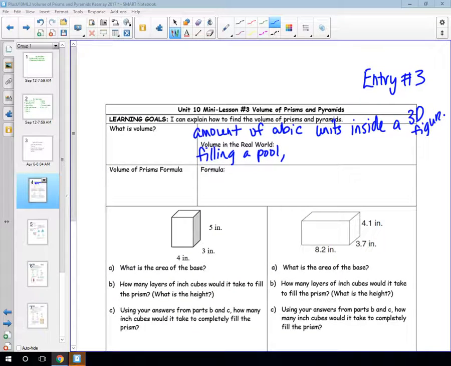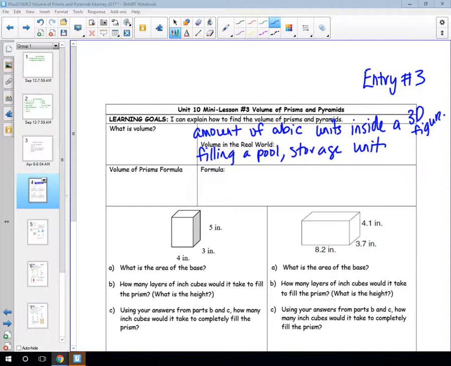A few years ago, I had to move, and so I had to get a trailer that I could pull behind, or rent a U-Haul or whatever, that could hold all of my stuff. So I needed to know the amount of the inside units of that storage space, so I needed to know the volume. So a storage unit. And I'm sure you guys can think of some others.